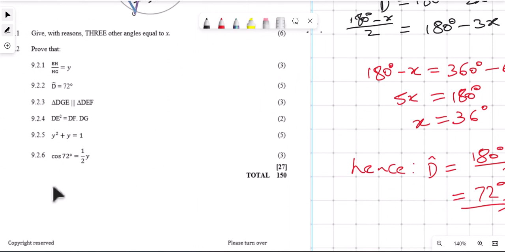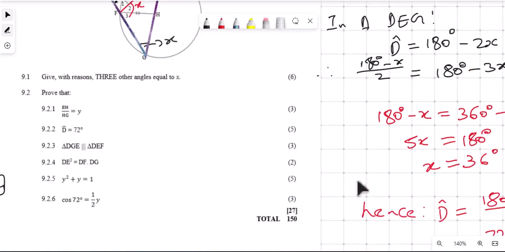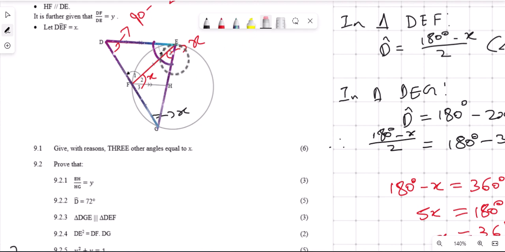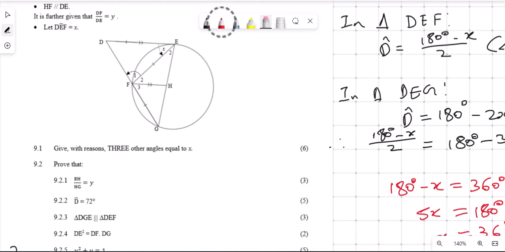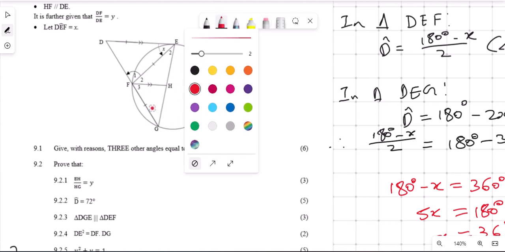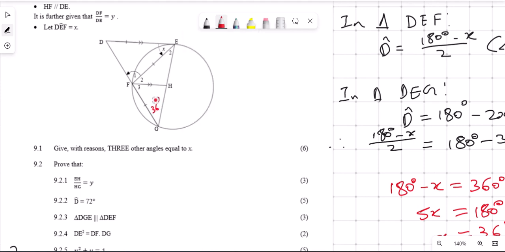Are you happy? Yes. Okay, now we need to place back these angles to make our life easy before we move forward. This was x, yes? So this is 36. This is also 36.